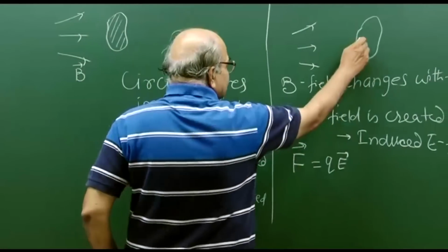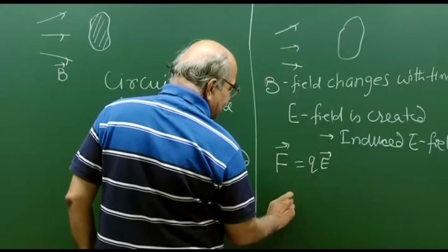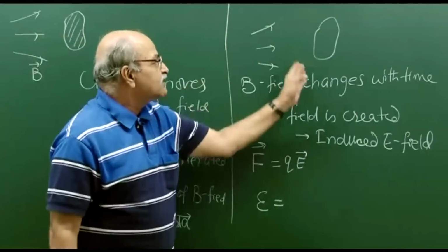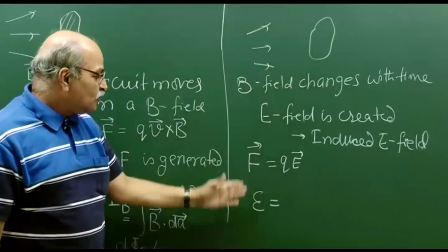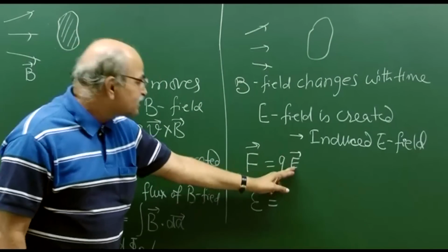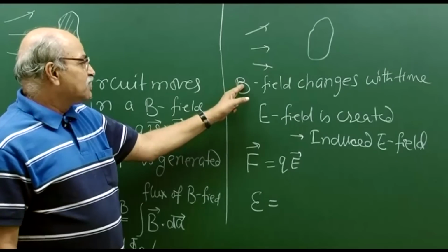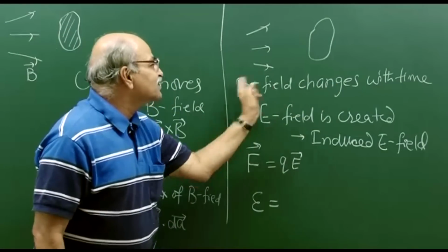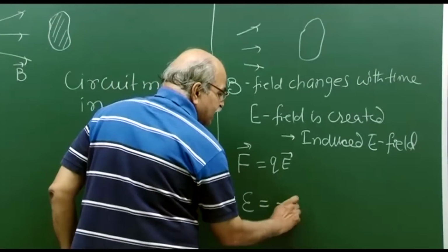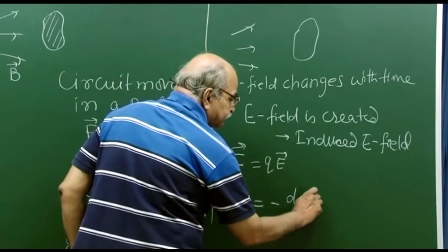And once again, how much is the corresponding EMF? Current is being driven, so there must be some EMF. How much is that EMF related to this E field? E field is related to B field, and not only B field but how it changes with time. So finally it turns out that the same rule applies.